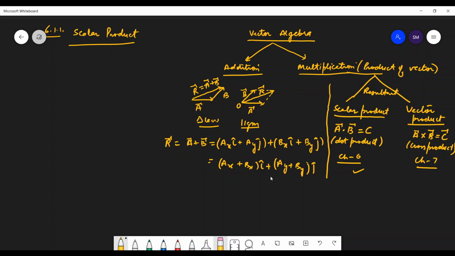So students, we will be doing the scalar product in chapter number 6. Where we are going to apply this dot product, the topic that we are going to do is work, energy and power.